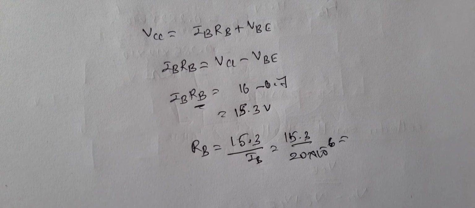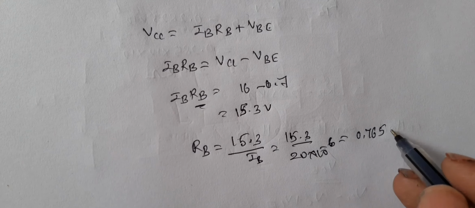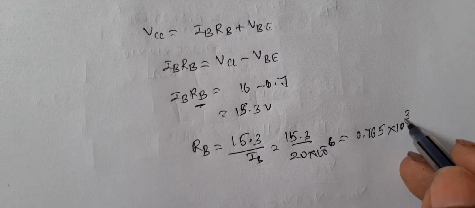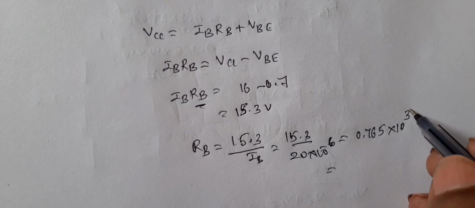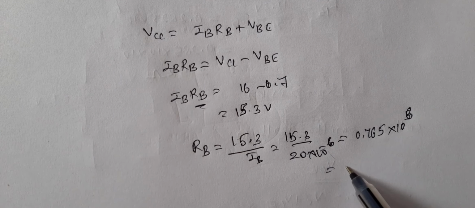Therefore, 15.3 divided by 20 equals 0.765. When 10 power minus 3 goes up, it is 10 power plus 3, which is plus 6. And you can write this as 765 into 10 power 3, or it is 765 kilo ohm.